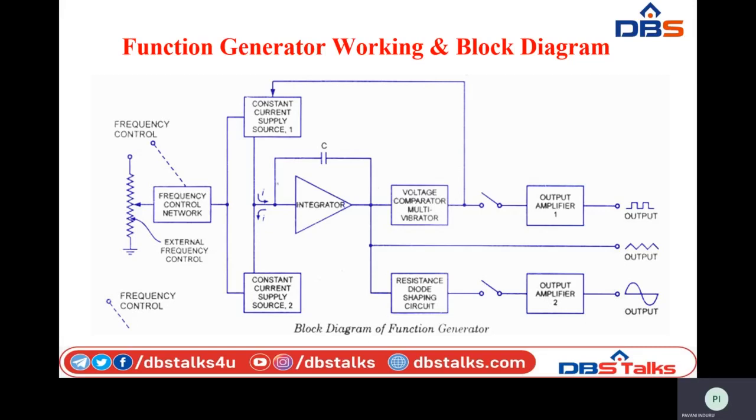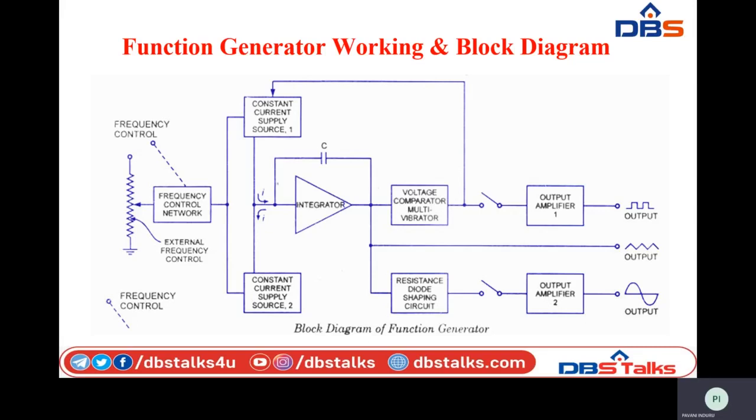These two current sources provide current to the integrator. The integrator output is applied to a voltage comparator along with the multivibrator, and then we have one diode resistance network for shaping the output of the integrator to generate different signals.